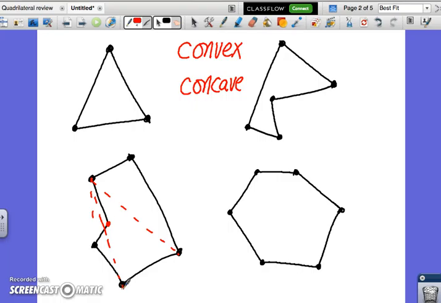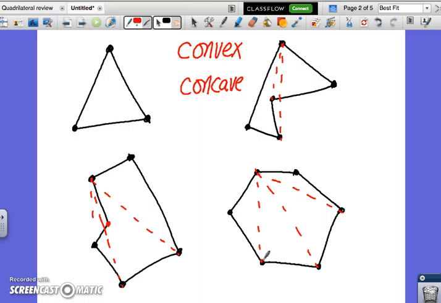This one over here, if we draw the diagonals, there's one diagonal there. There's a second one here. For this one, we draw the diagonals. There are 3 diagonals there, so it separates that one into 4 triangles. So when we start to draw these diagonals, that determines convex or concave.